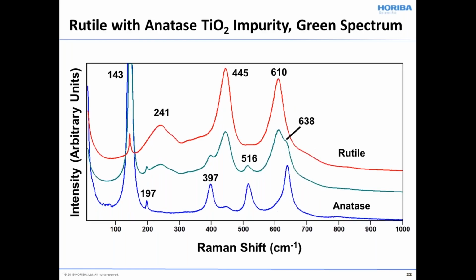Now here, what I want to show you is, again, those two pure forms, if you will, of the rutile and anatase. And this green spectrum is of a single grain from a vial that was labeled as rutile.